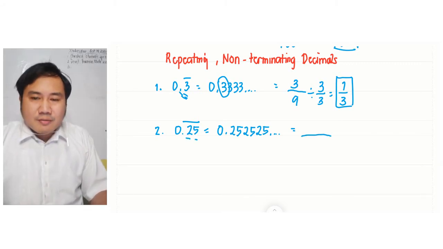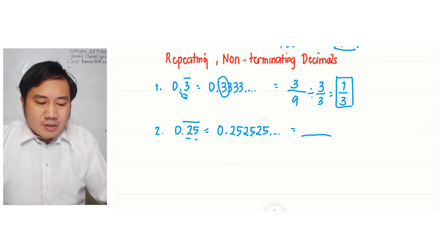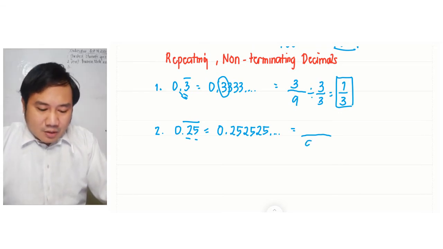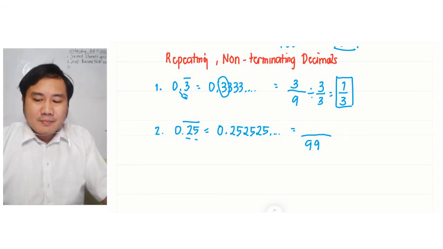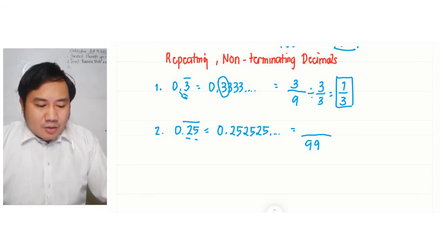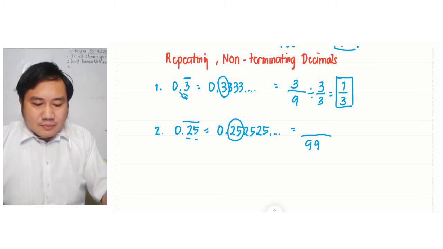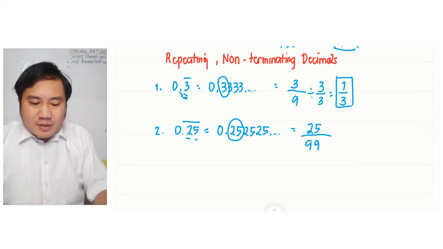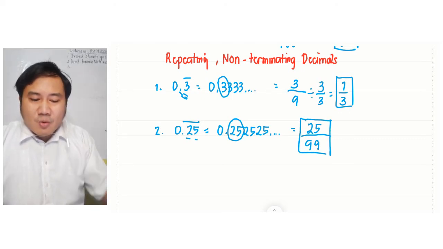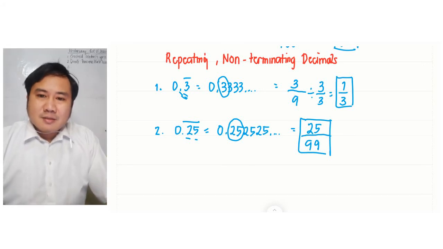The 2 and the 5. Dalawa. So, the 9 on our denominator, dalawa. And then, ano yung mga digits na naulit? That is going to be your numerator, which is 25. So, therefore, 0.252525 is equal to 25/99 in fraction.